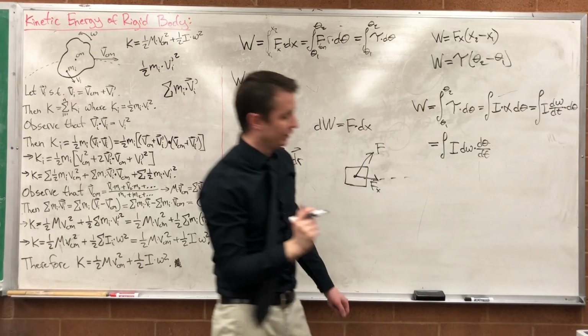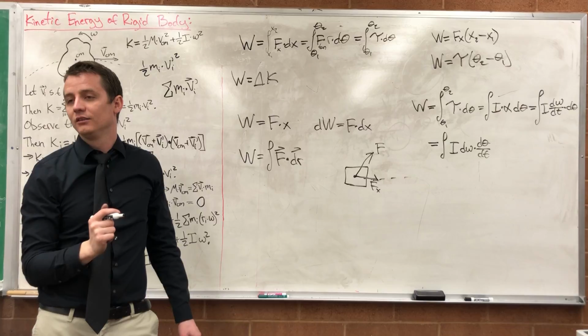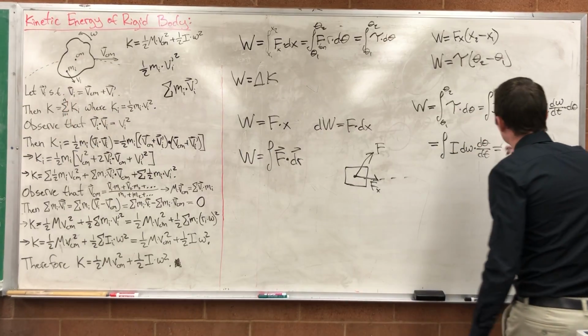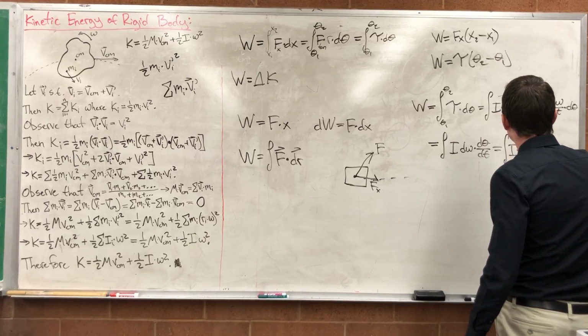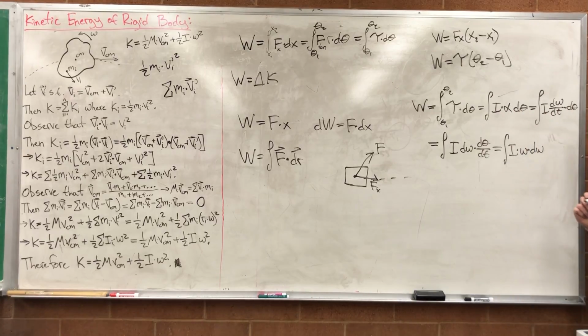And what is d theta over dt? It's just omega. So now notice that I have an integral in terms of omega. It's the integral of I times omega times d omega.